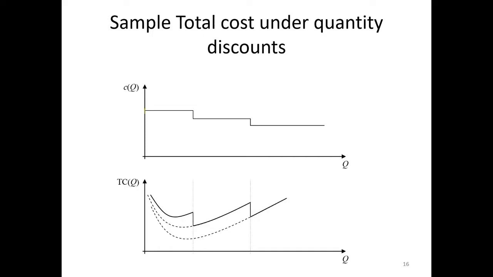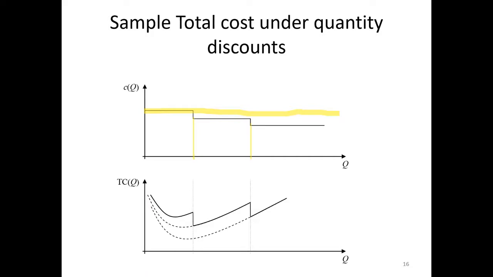So if you draw the value of C as a function of Q, it's going to be a horizontal line. But when you have quantity discounts, then you will have some points at which the value of C will go down.